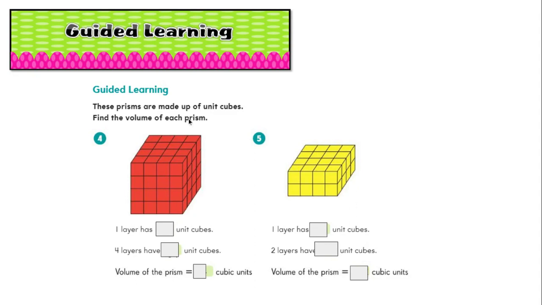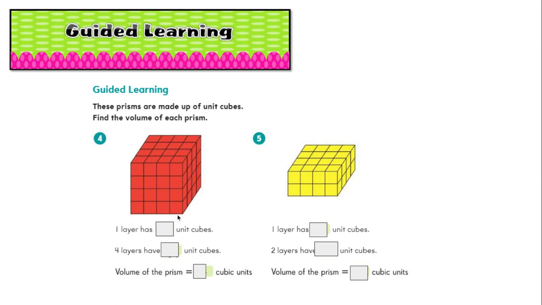For number 4, I'm going to look at this cube, and in order to measure it, I'm going to first look at the first layer. So let's count the first layer. I've got 1, 2, 3, 4 cubic units in my length, and my width is 1, 2, 3, 4.